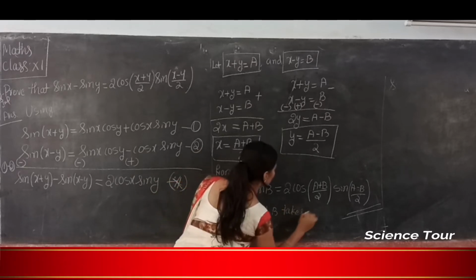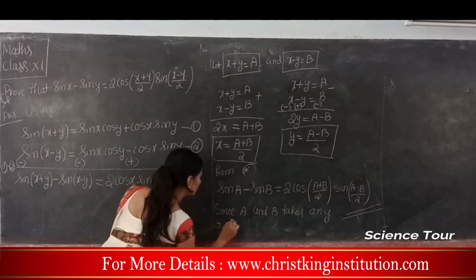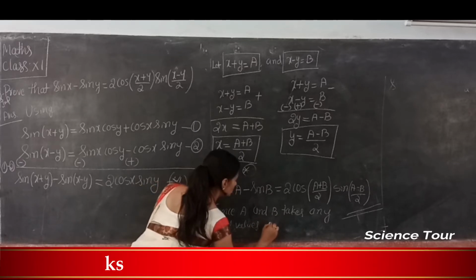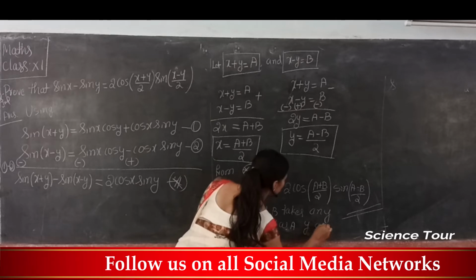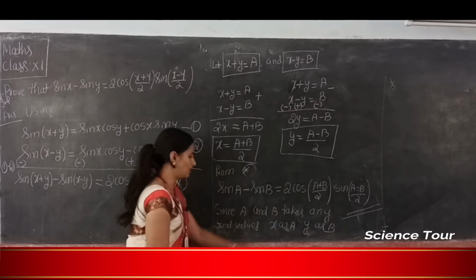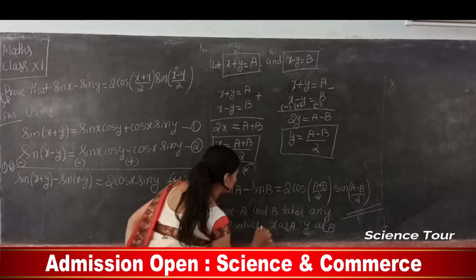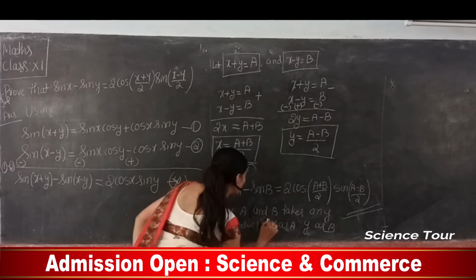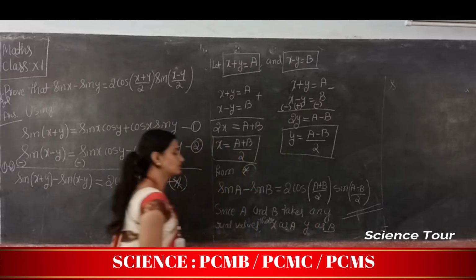Since a and b take any real values, you should write this, okay? Any real values. So substitute x as a and y as b. Since a and b take any real values, x takes as a and y takes as b.